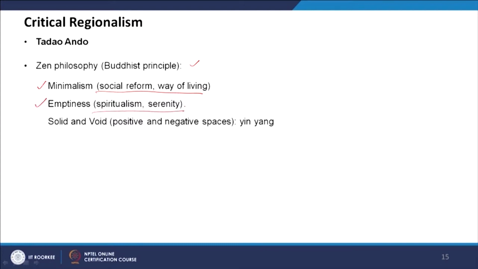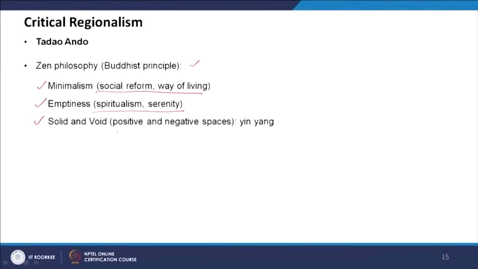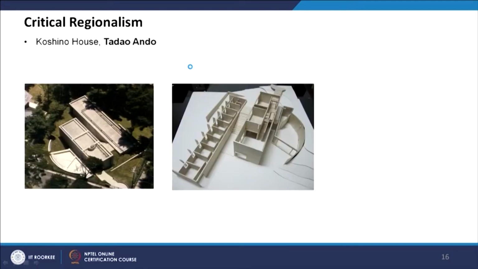To show this emptiness, he connects nature with the building, and this spiritualism and serenity comes through the natural elements, bringing sunlight or other natural elements like water into the design. And then solid and void, which is a positive-negative thing like yin and yang, is also part of his design philosophy, which is all coming from the Buddhist principle and philosophy.